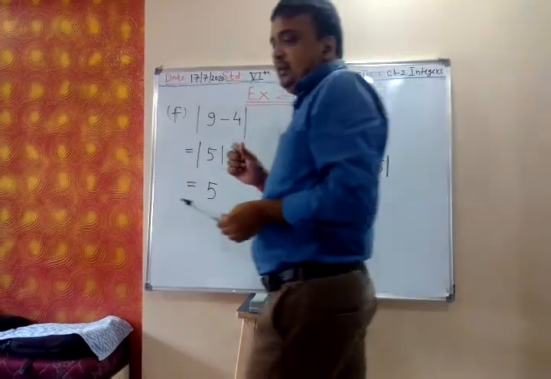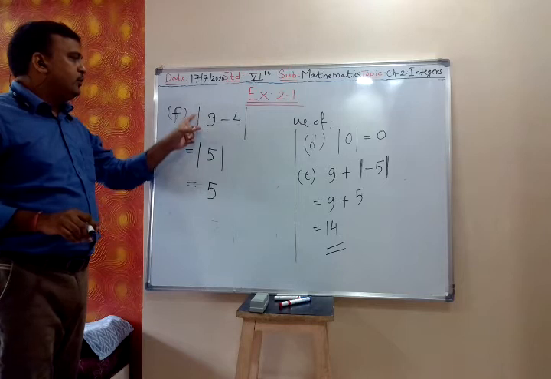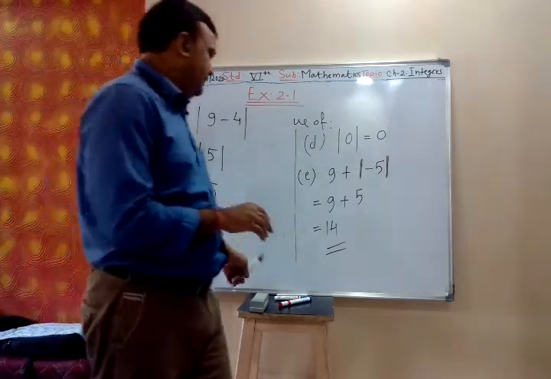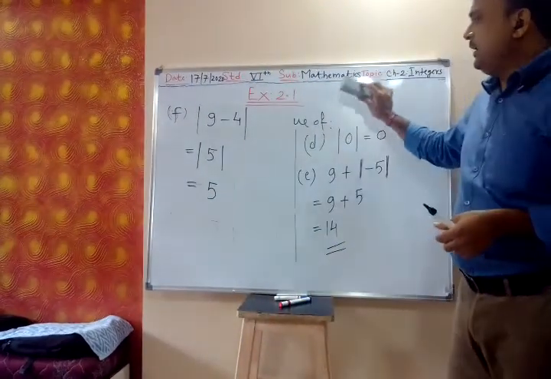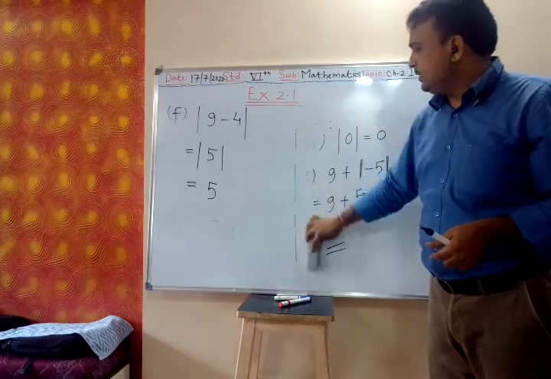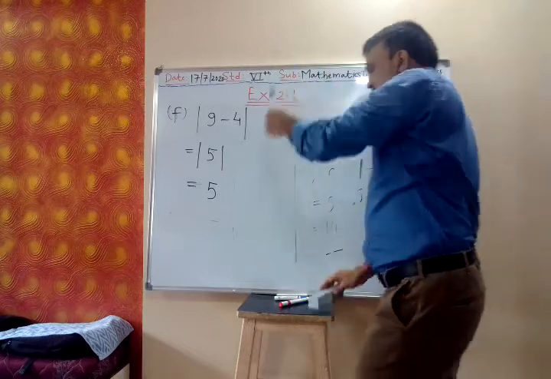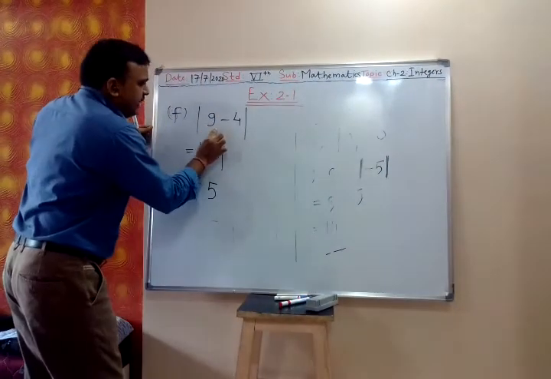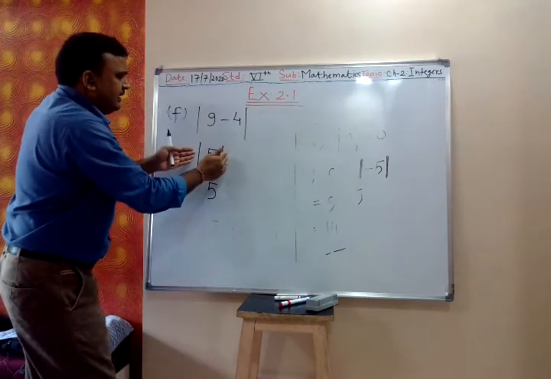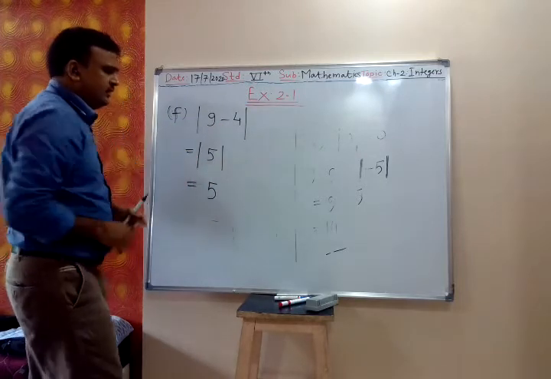You have to simplify that modulus bracket first. 9 minus 4 is 5, and the modulus bracket stays as it is, with 5 inside.